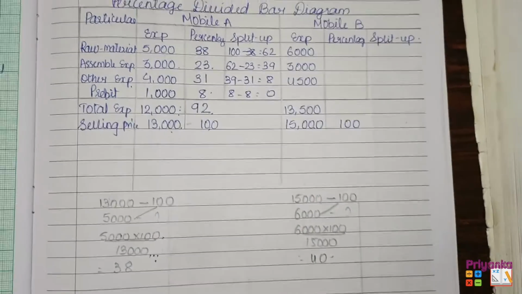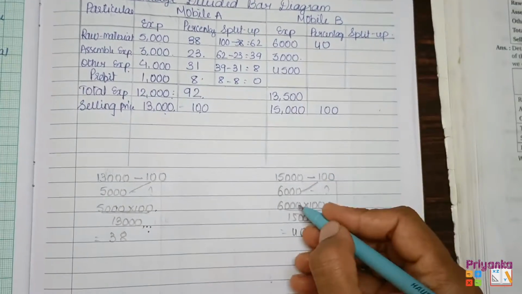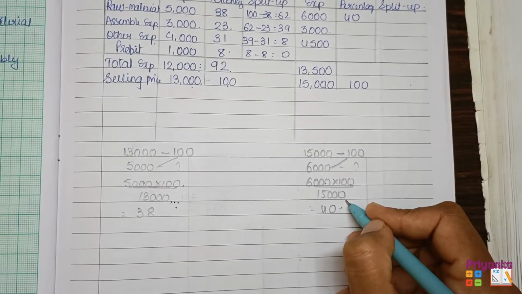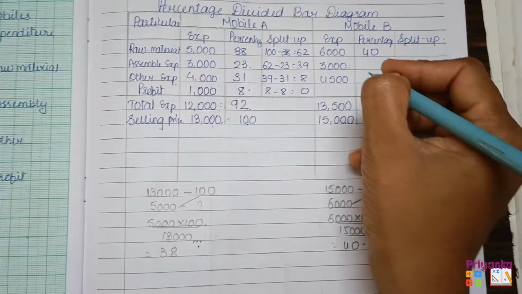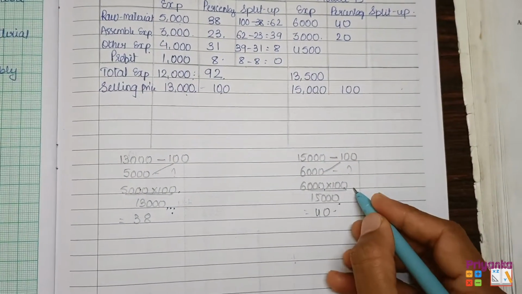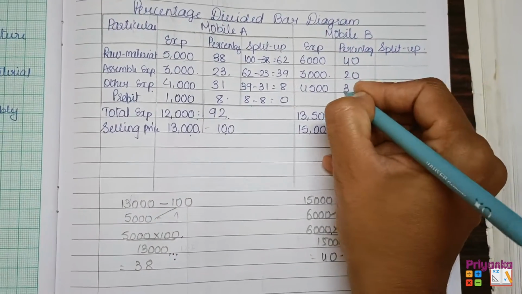In the same way, continue with the remaining. That is, take 3,000 multiplied by 100 divided by 15,000. This is the method just to avoid remembering a formula. You can directly go with this. Take 4,500 multiplied by 100 divided by 15,000. You will get 30.